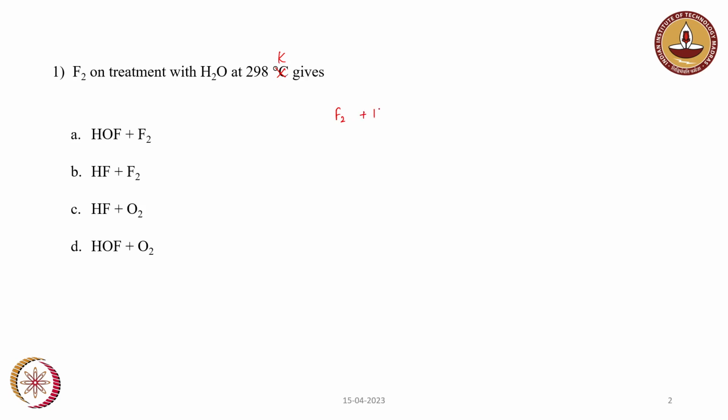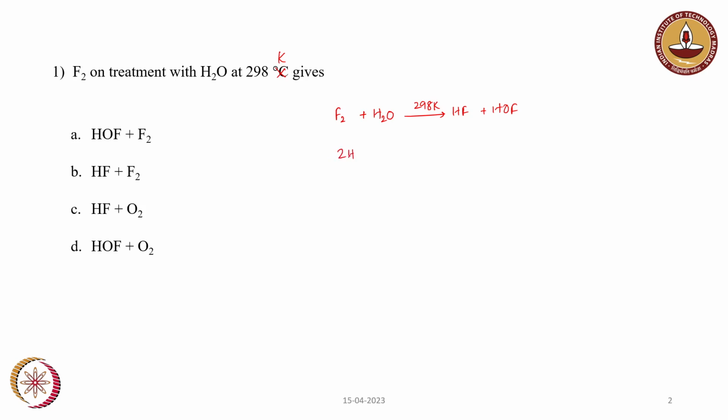F2 reacting with water at 298 Kelvin will give HF plus HOF, but this HOF will immediately undergo dissociation.